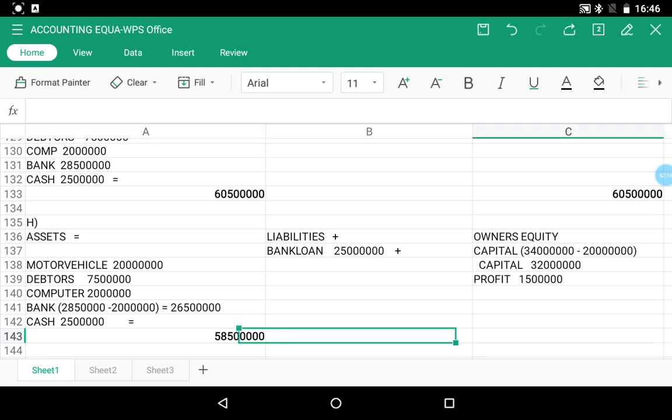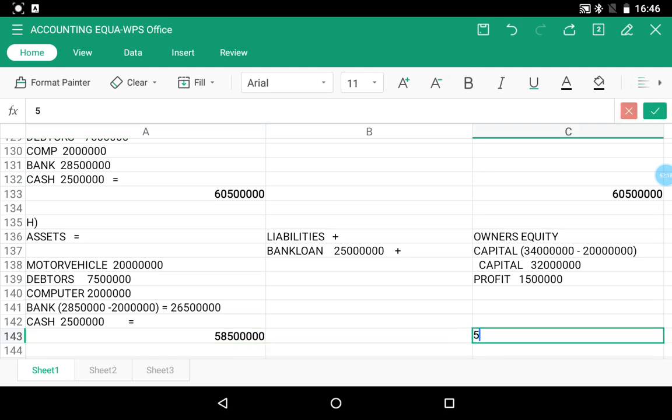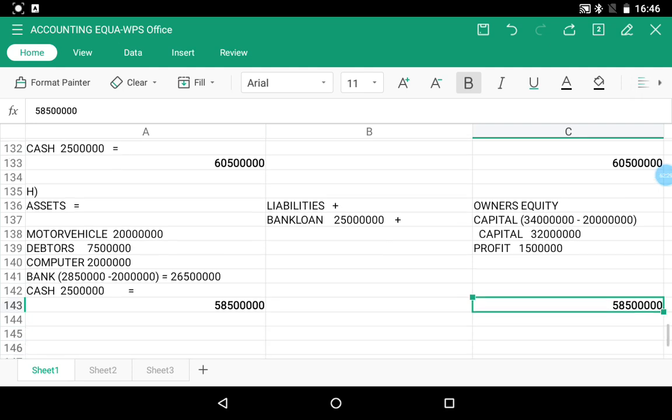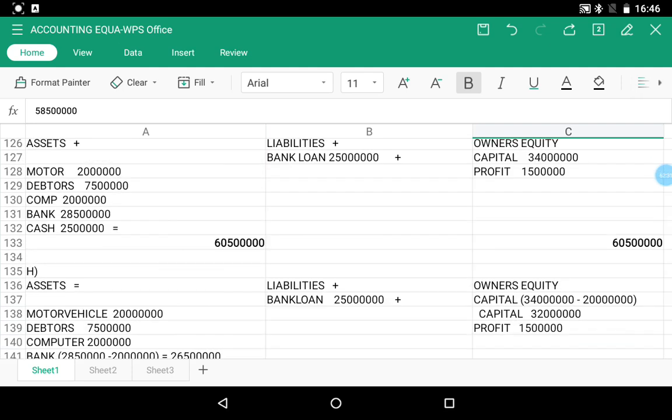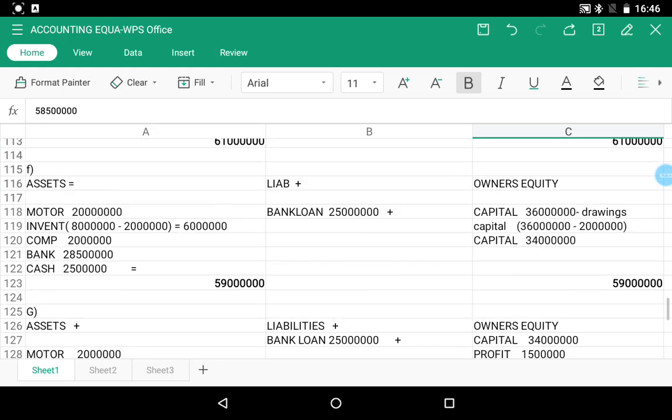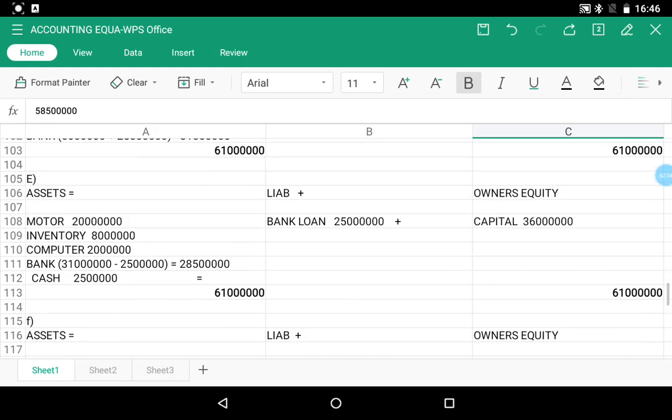And also here it is the same, 58.5 million. So that is our question for today.